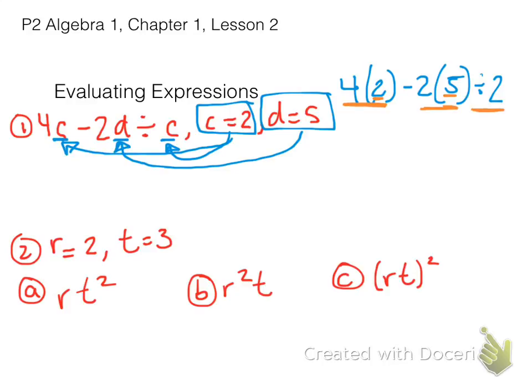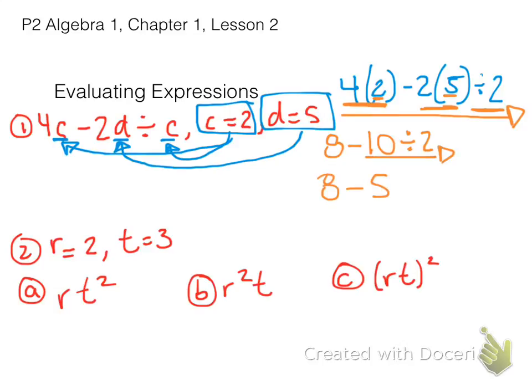Going from left to right, I have 4 times 2, which is 8, minus 2 times 5, which is 10, and then I have to divide by 2. So 10 divided by 2 is 5, and 8 minus 5 is 3. So that's your final answer.